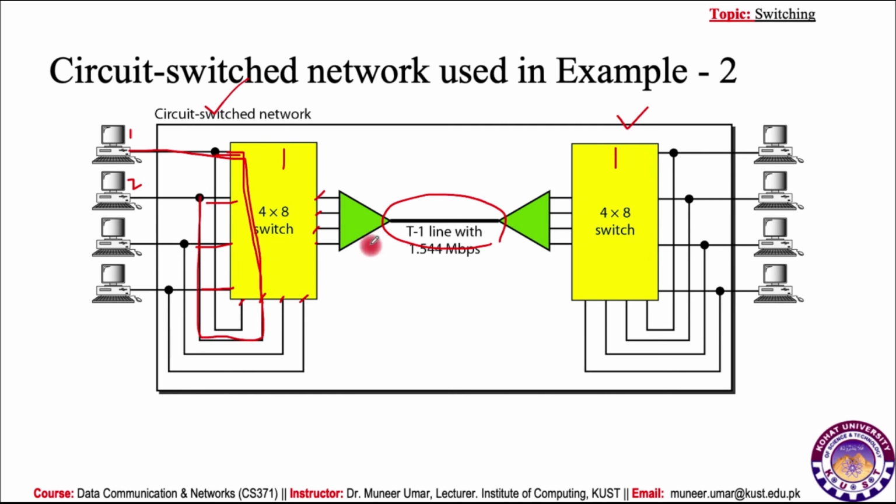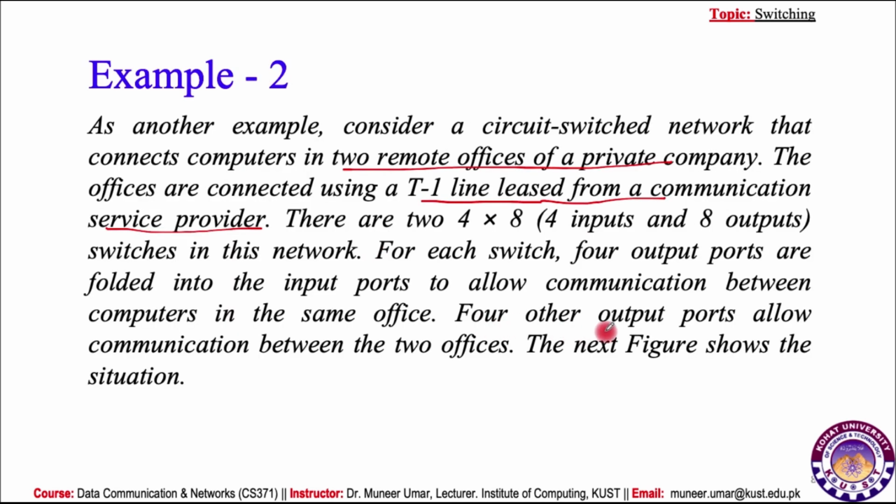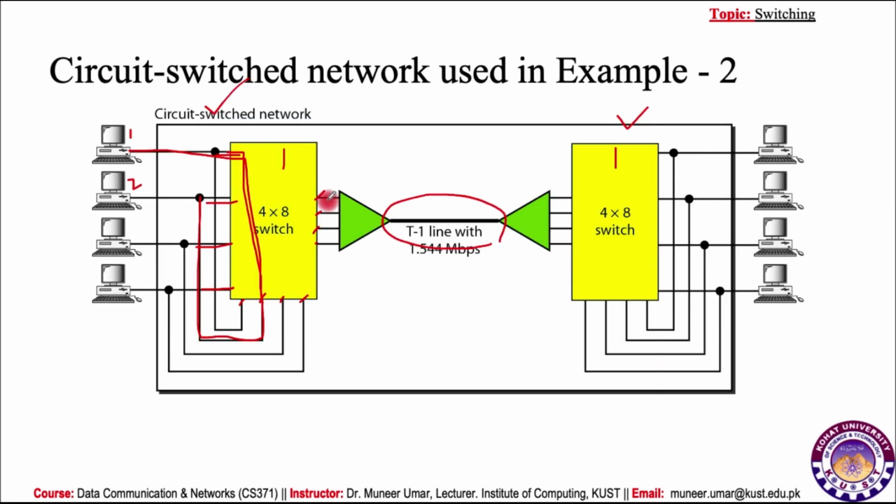Then the other 4 output ports allow communication between the 2 offices. Here, these 4 output ports allow these systems to communicate with these systems located in a remote office.